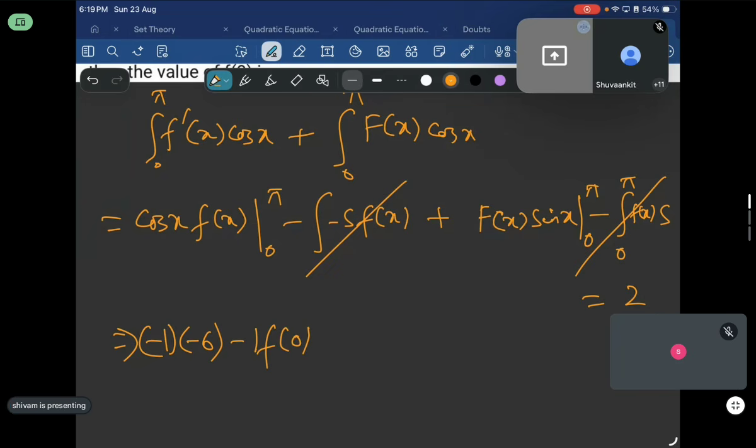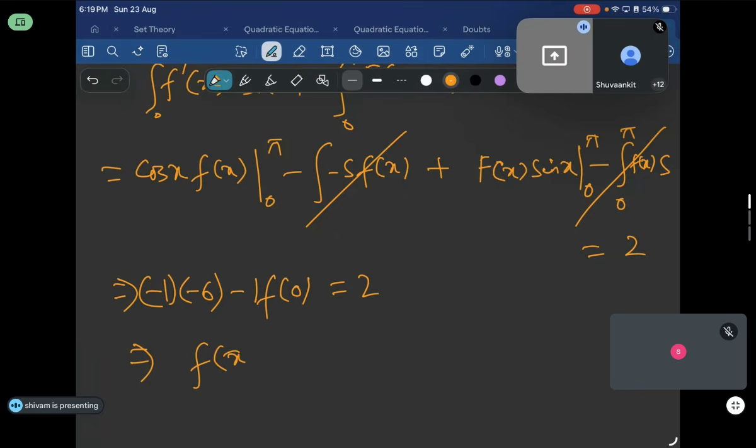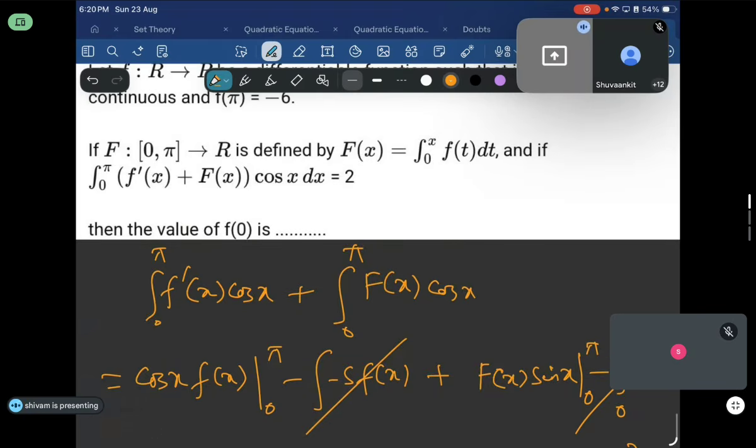Right, tell me. Next, plus capital F of pi into sin pi, 0, 0, gone. This is equal to 2. Oh, it was a 2-line problem, see. So from here, f of 0 is equal to 6 minus 2, which is equal to 4. See? In 2, 3 lines you will get your answer. I did it.